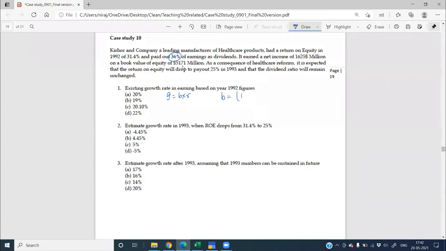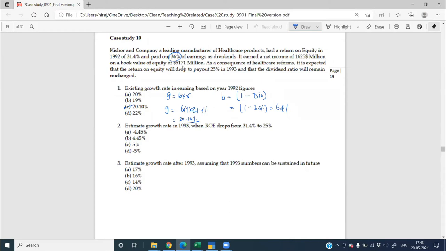B will be 1 minus dividend payout, that is 1 minus 36%, which equals 64%. So your answer for this will be G equals 64% into 31.4%. If you solve, what will you get? 20.10.